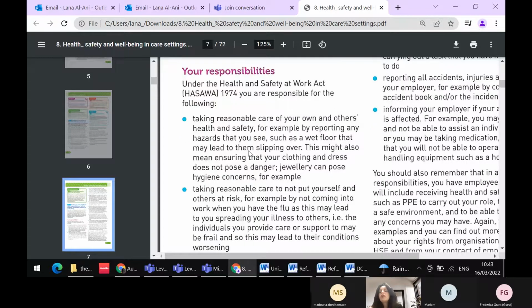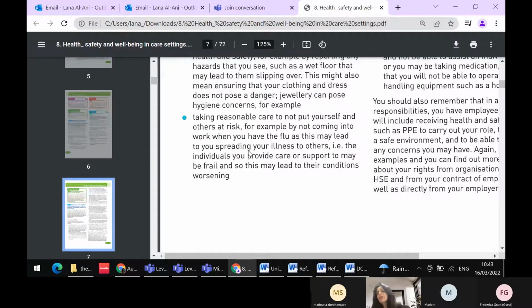Also my responsibility is to take reasonable care about myself and about others as well.